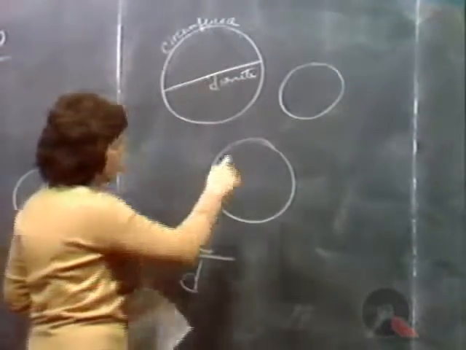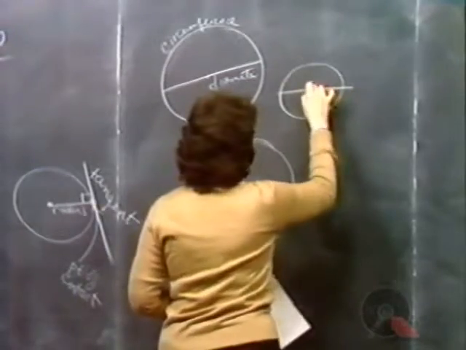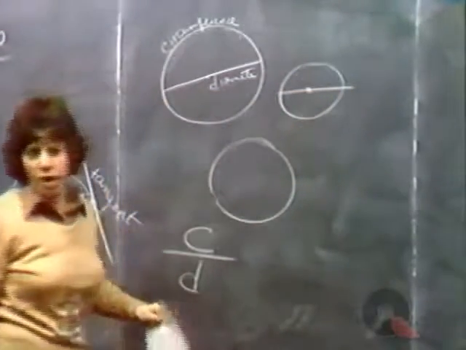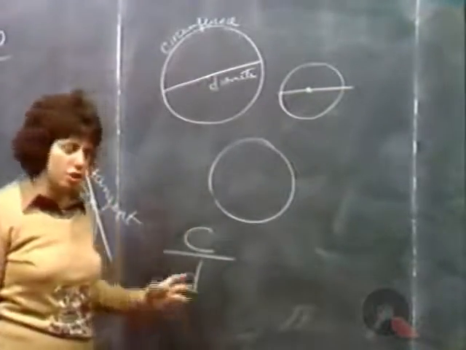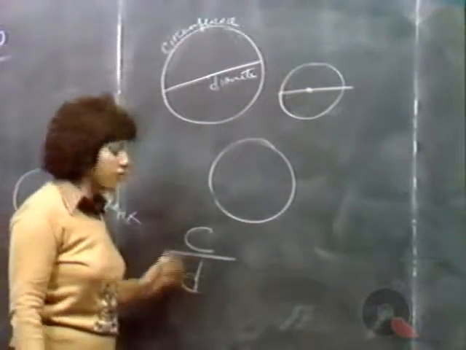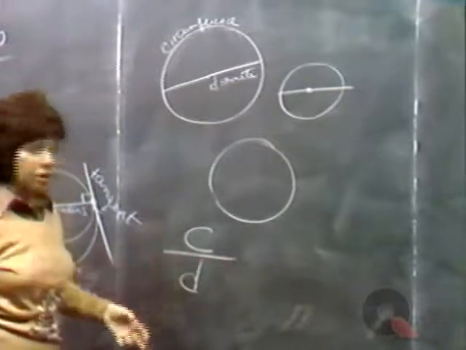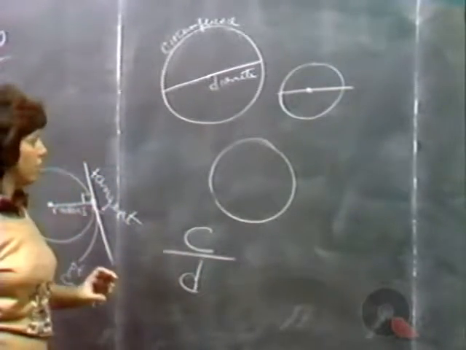A little circle has a smaller diameter but also a smaller circumference. The ratio C over D is always the same number.